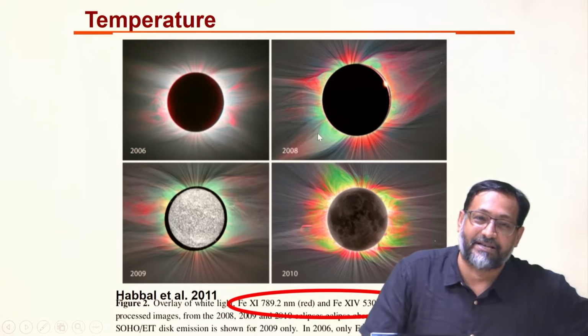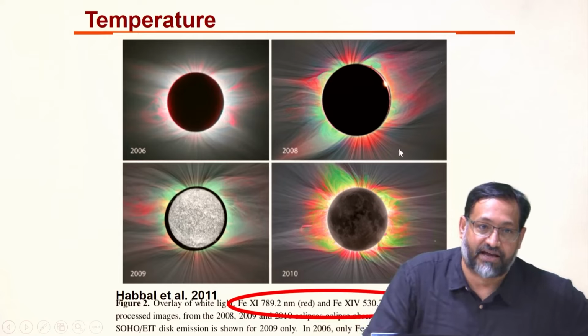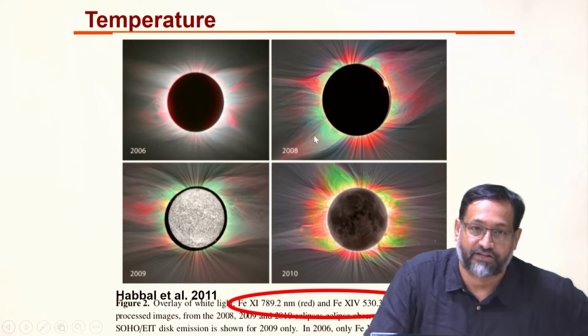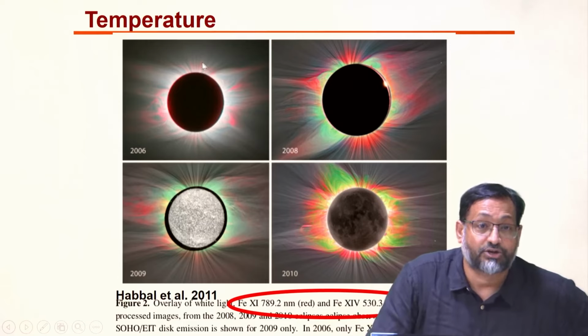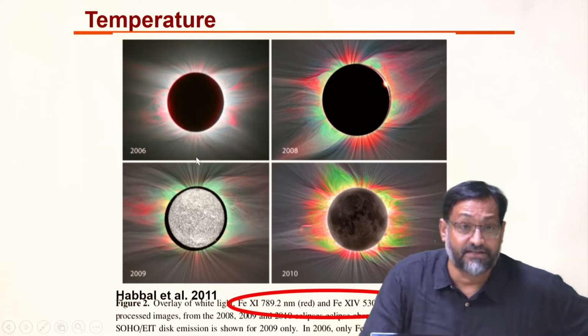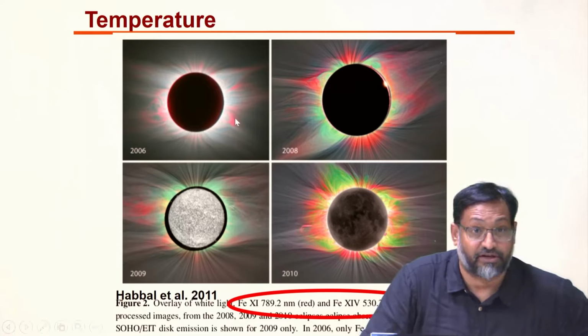So here you can see that the corona also varies with time. Namely, when you look at the 2006 coronal image, and then move to 2008, 2009 and 2010, you see the structures have evolved enormously. You have many more coronal structures, because during 2006 we had a solar minimum condition. That means the sun was not magnetically very active during this period.